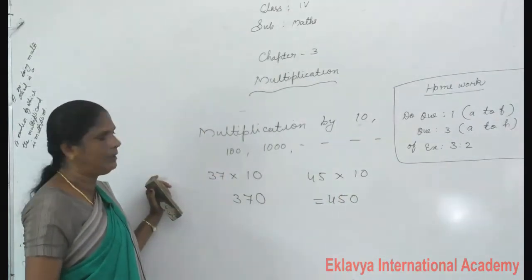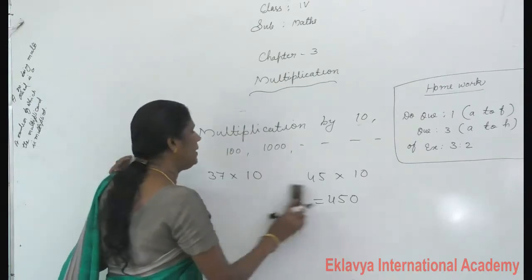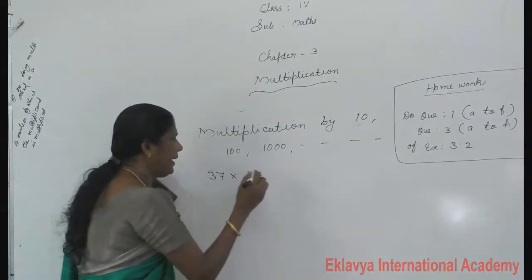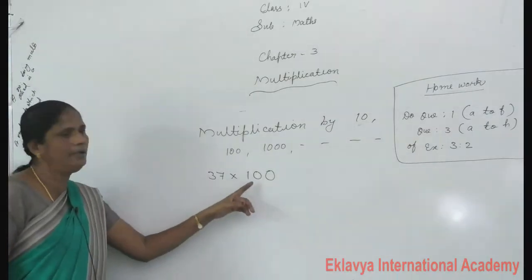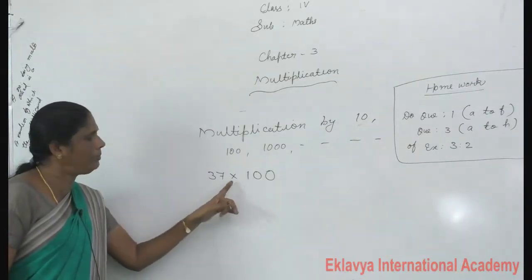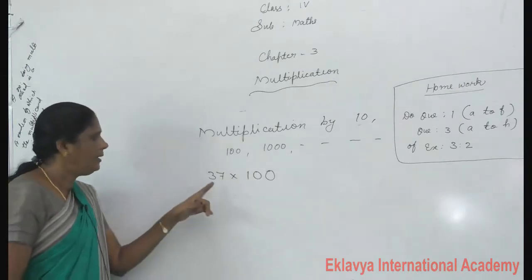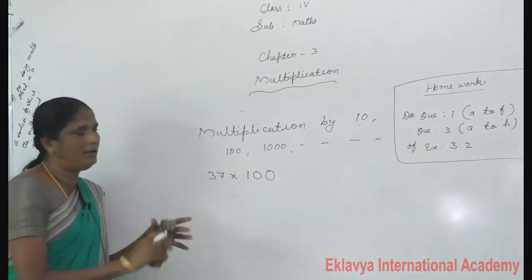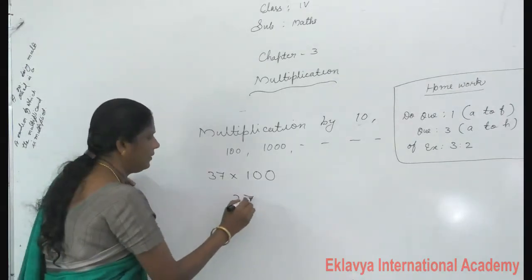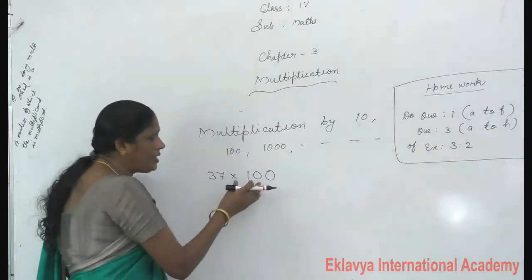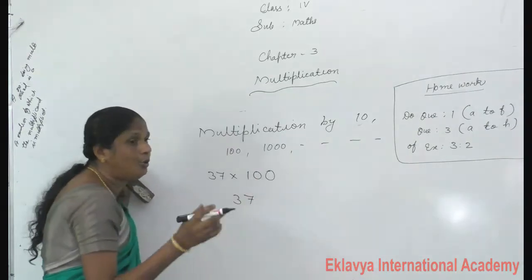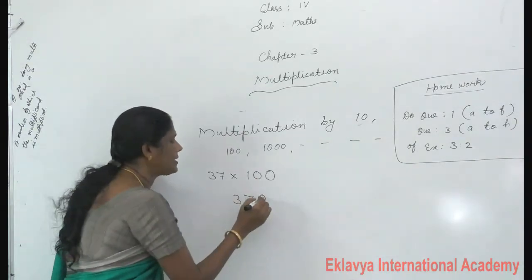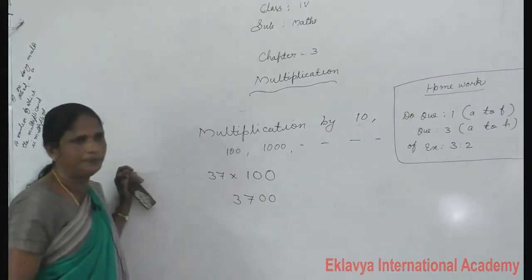Now I multiply by 100. 37 1s are 37. Then how many zeros in 100? 2 zeros. We put 2 zeros on the right hand side of the number. Understand?